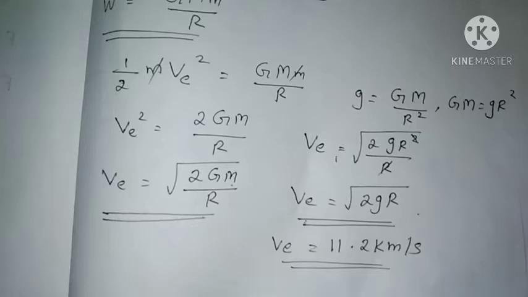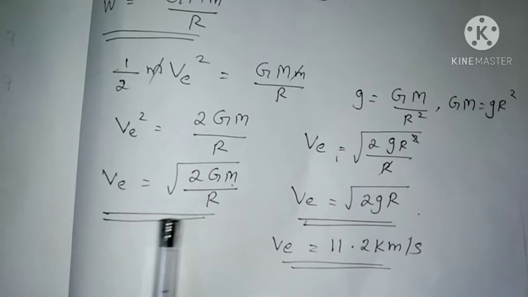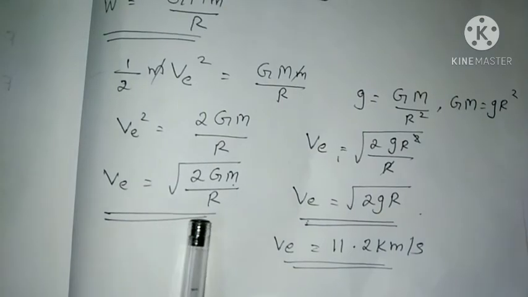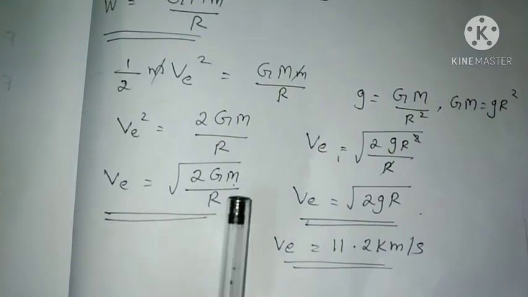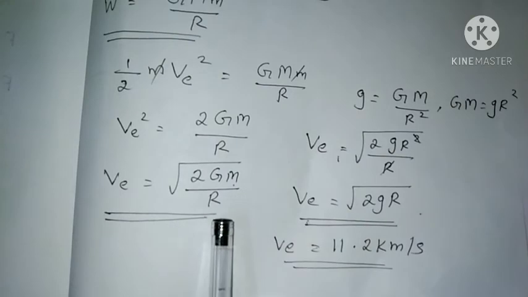From the equation v equals root of 2GM by R, we can understand that escape velocity does not depend on the mass of the body projected. It depends on the mass of the earth and the radius of the earth.